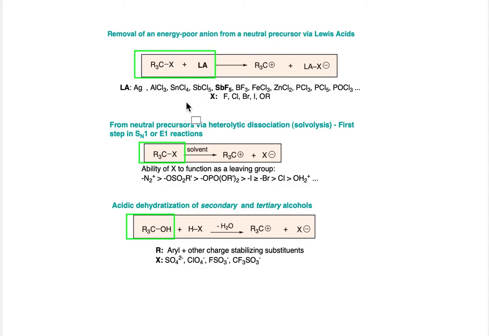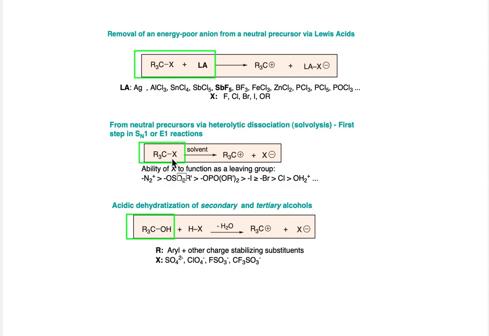So the scope of starting material is really very broad, or you can even, without using Lewis acid, use tertiary alkyl halide with polar solvent to produce carbocations in the end.